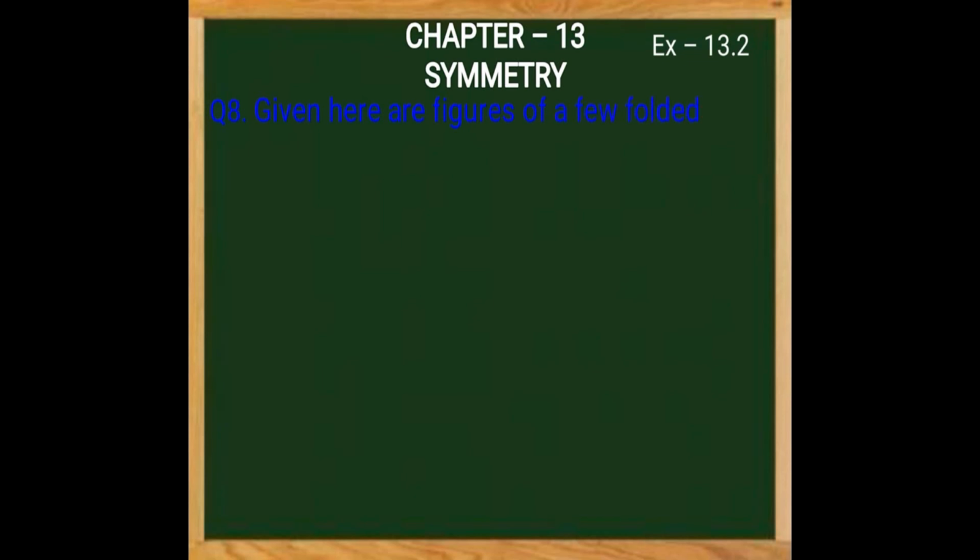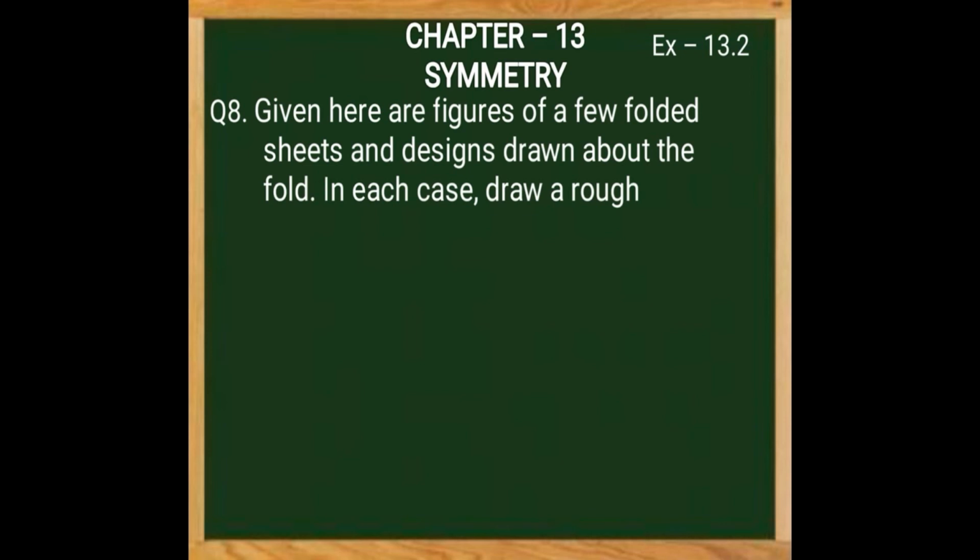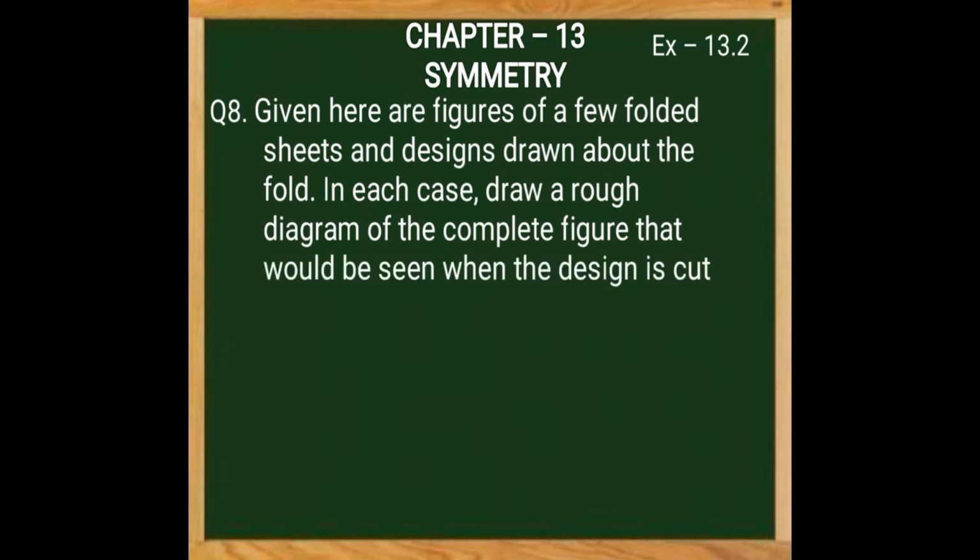So next we have question number 8. Given here are the figures of a few folded sheets and designs drawn about the fold. In each case, draw a rough diagram of the complete figure that would be seen when the design is cut off.